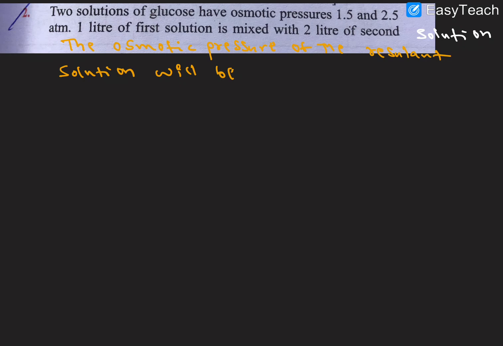Second question: two glucose solutions have osmotic pressures of 1.5 atmosphere and 2.5 atmosphere. The first solution is 1 liter and the second solution is 2 liters.